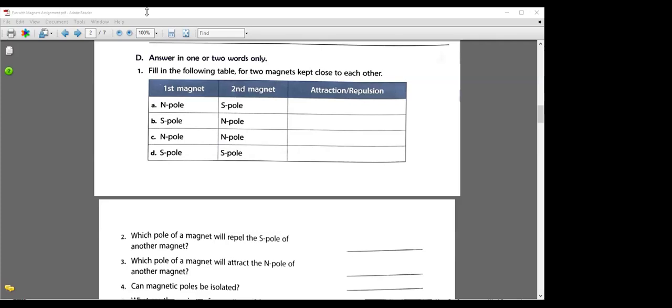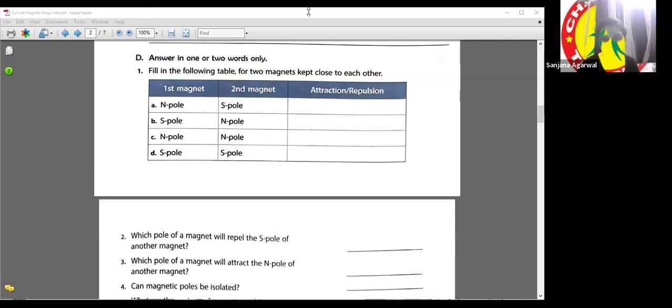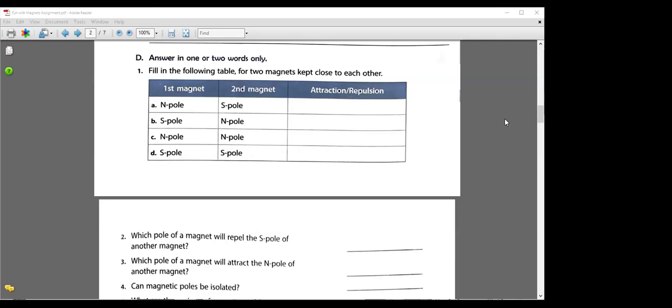Ma'am, the south pole of another magnet.